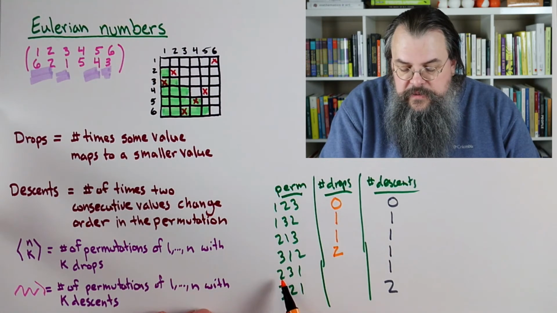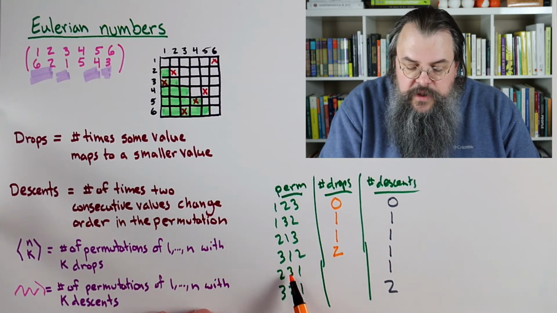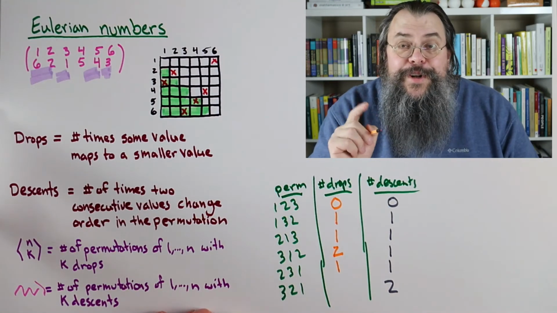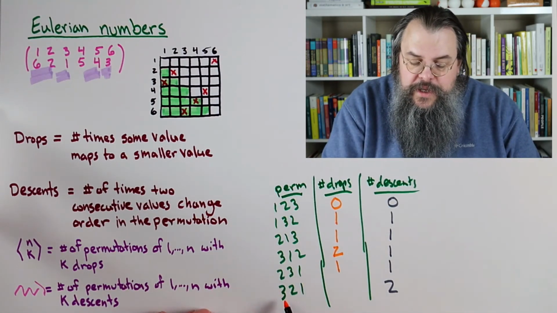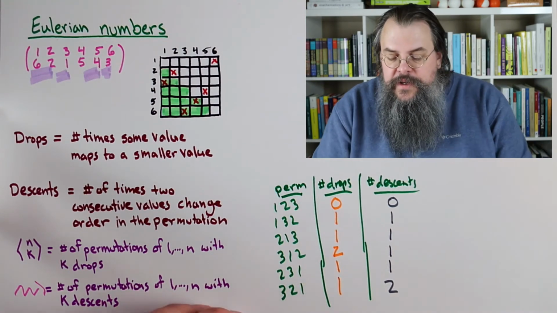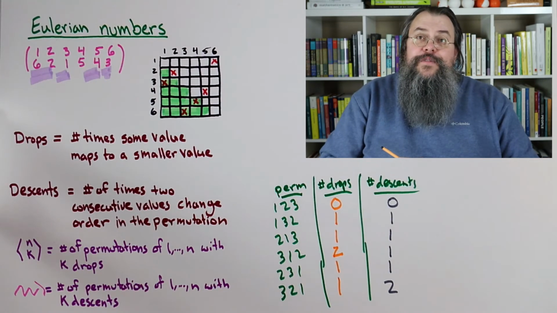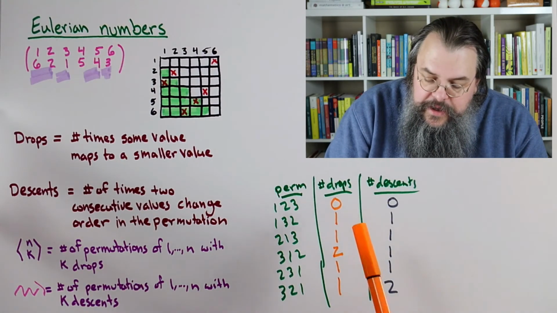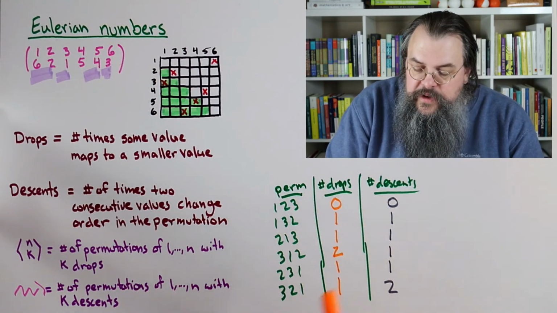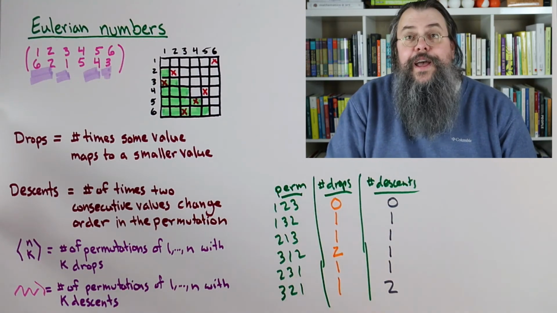For 2, 3, 1: 1 went to 2, you're fine. 2 went to 3. 3 went to 1, so 1 drop. For 3, 2, 1: 1 went to 3, 2 went to 2, 3 went to 1, so 1 drop. So there we go: number of drops, number of descents. You'll notice 0, 1, 1, 2, 1, 1, but a single 0, a single 2, and four 1s.